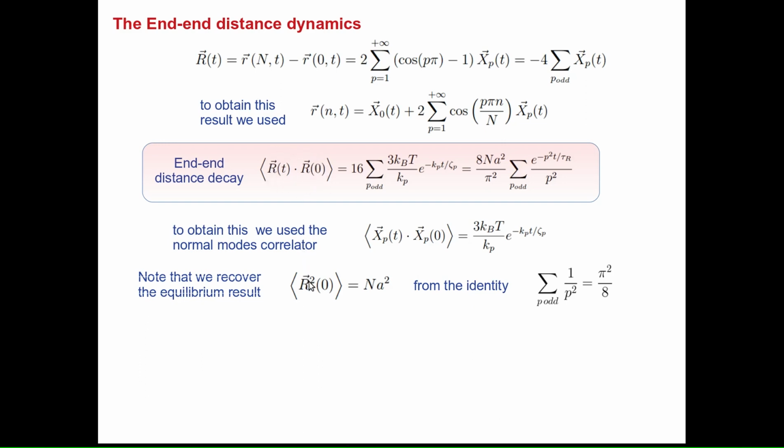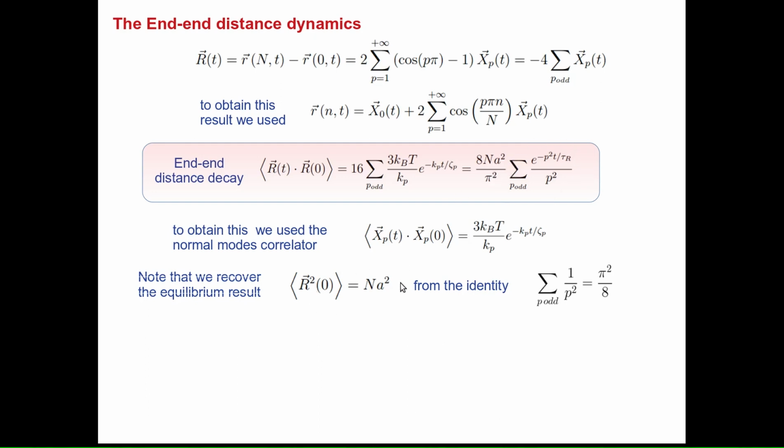The exponential becomes equal to 1. So summing over p odd, 1 over p squared, there is this exact result. You may not know it, but this is true. The sum is pi squared divided by 8, so I can easily calculate this.